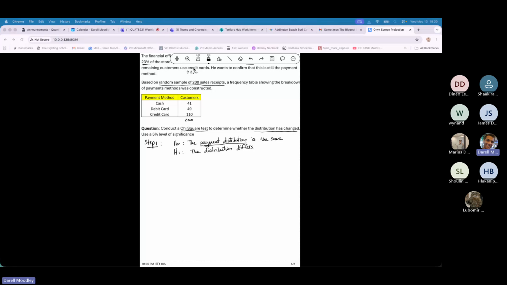Now step 2 is to find your rejection region. You are given your alpha, your level of significance, which is 0.05 or 5%, and we need that to find the rejection region. If we sketch it, the chi-square distribution is always skewed, so your rejection region is always on the right, as we mentioned last week.